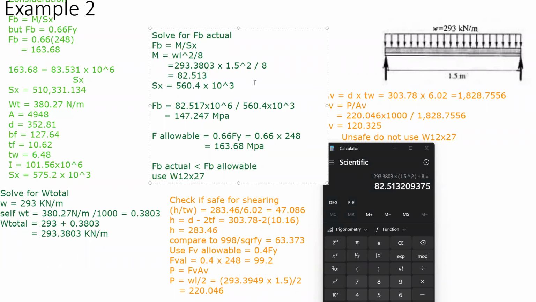Our SX magbabago rin, that would be 575.2. And let us put that into our equation. That would be 82.513 divided by 575.2. And magbabago itong value ng FB natin.